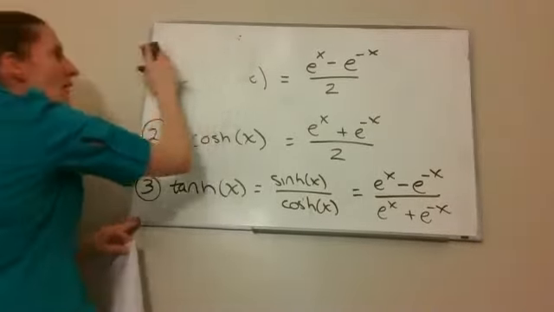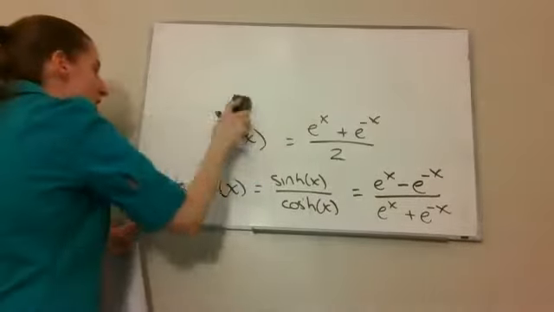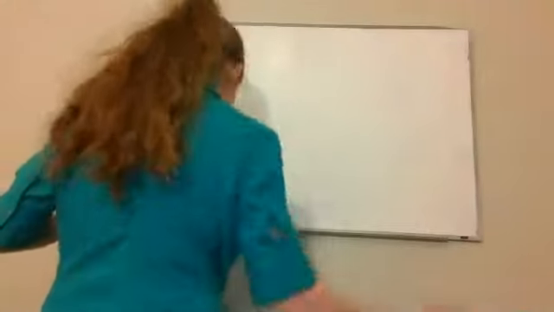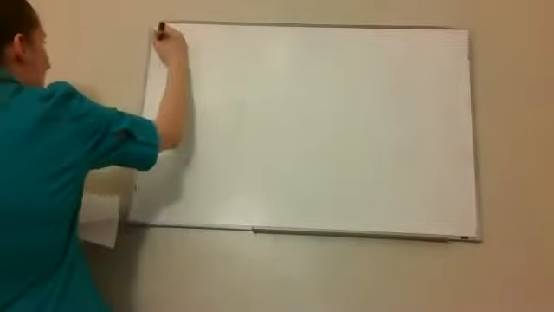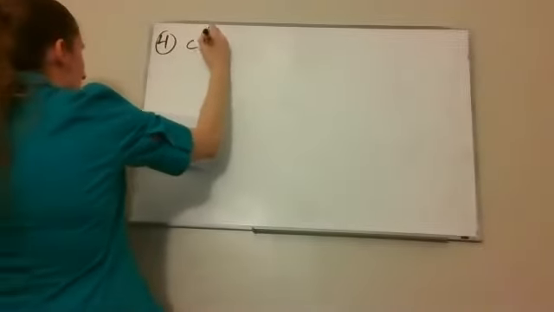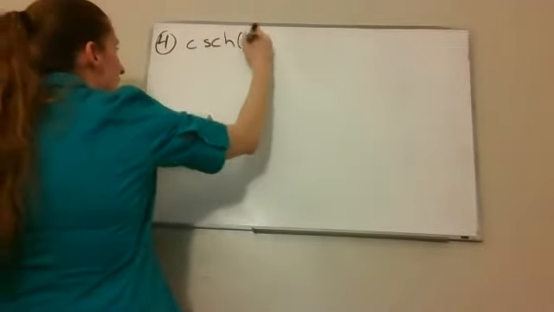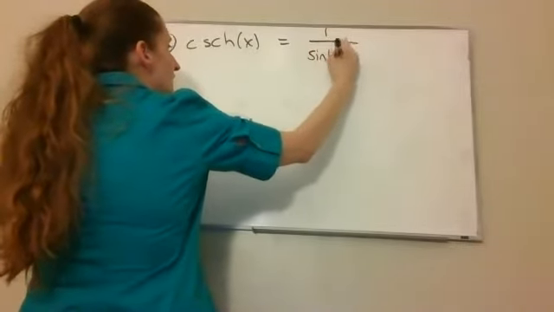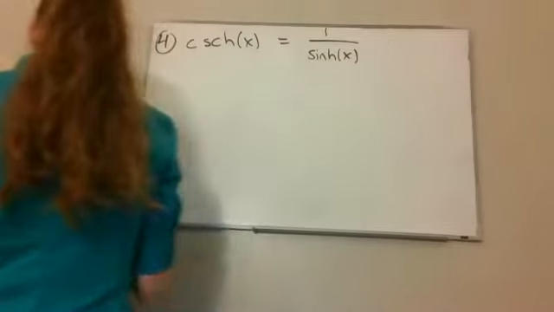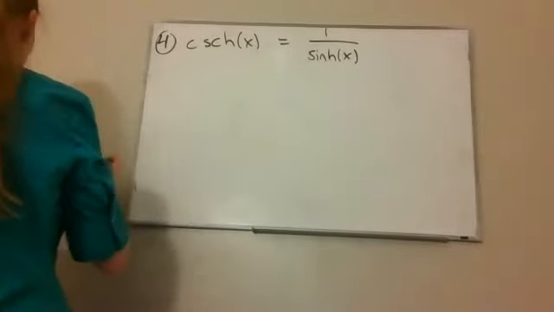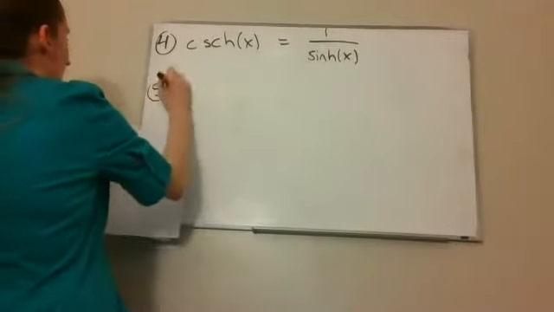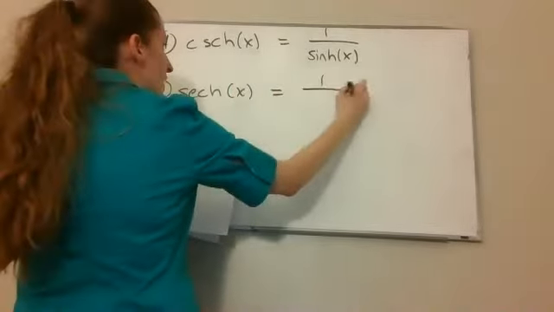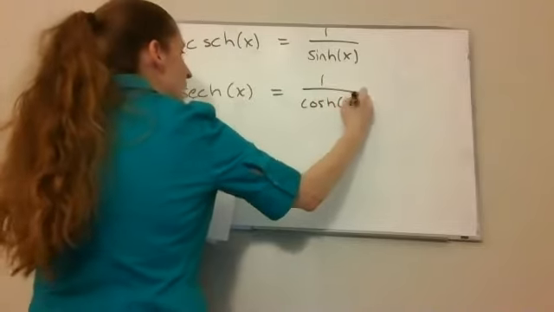I'm just going to give us the definitions. We have our hyperbolic cosecant is 1 over hyperbolic sine. We have our hyperbolic secant is 1 over hyperbolic cosine.